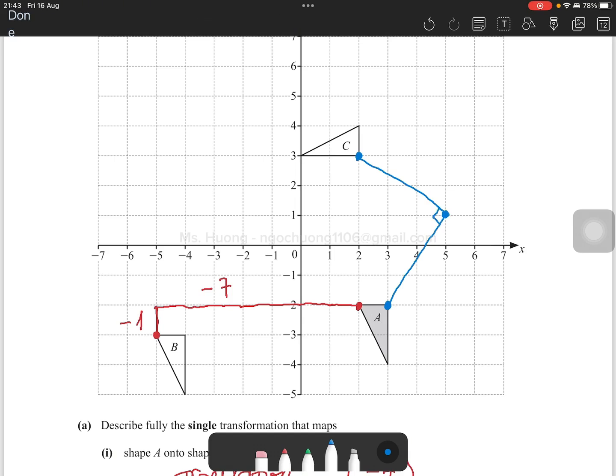And from A to C, we need to move like this. So that is clockwise direction. This is clockwise. And the angle is 90 degrees. And the center is 5, 1.